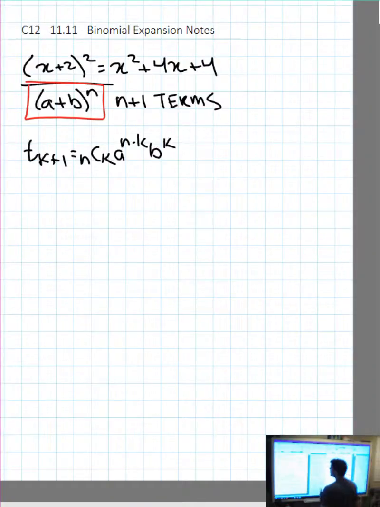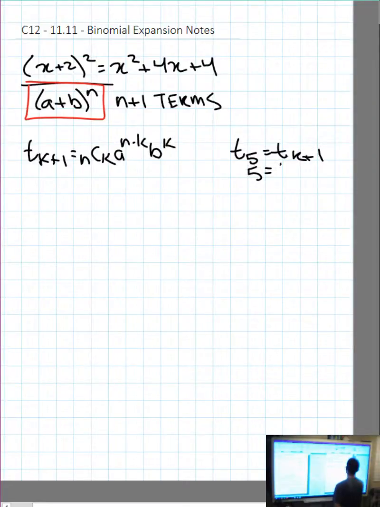And let's say that I'm looking for T5. Well, I know T5 is t_(k+1), the left-hand side of the formula, and therefore 5 is equal to k + 1. If I subtract 1 from both sides, k is equal to 4. So I know that k is always 1 less than the term number. Seen in your notes, k is always 1 less than the term number.